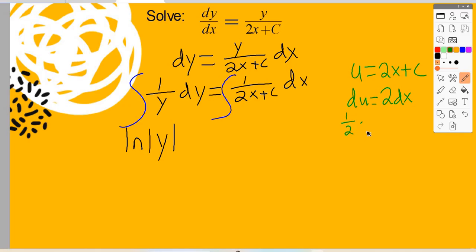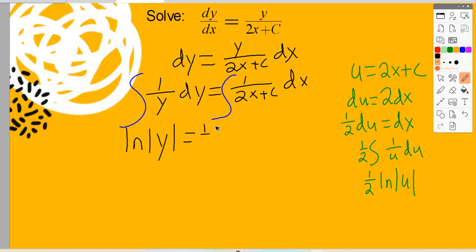So I do have to divide by a 1/2. Then notice we would have 1/2 times 1 over u du. What's our antiderivative of that? 1/2 natural log absolute value of u. I just did that over to the side so I didn't have to write my equation like five times.